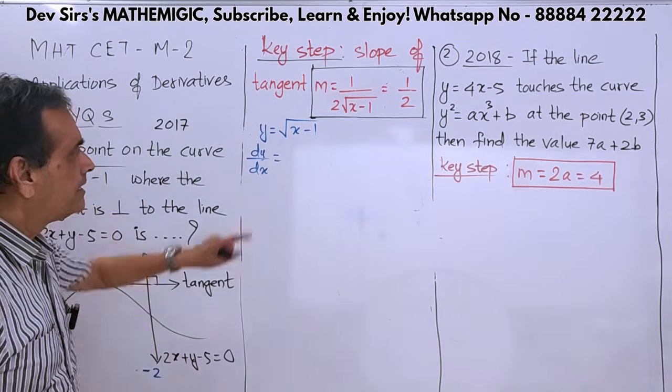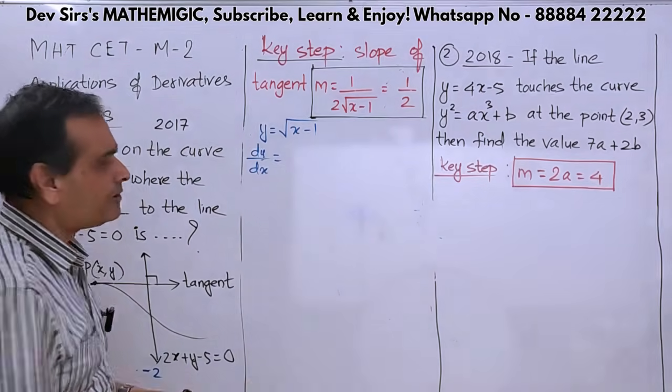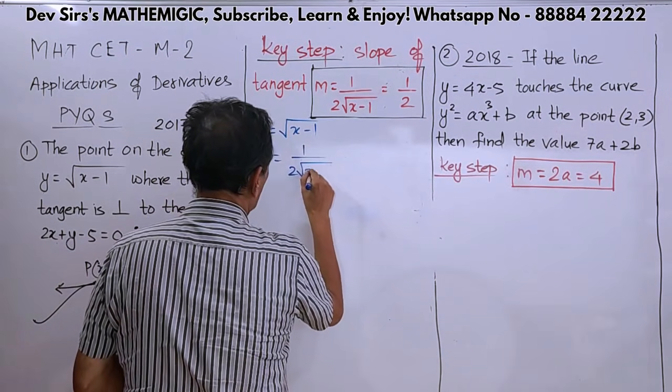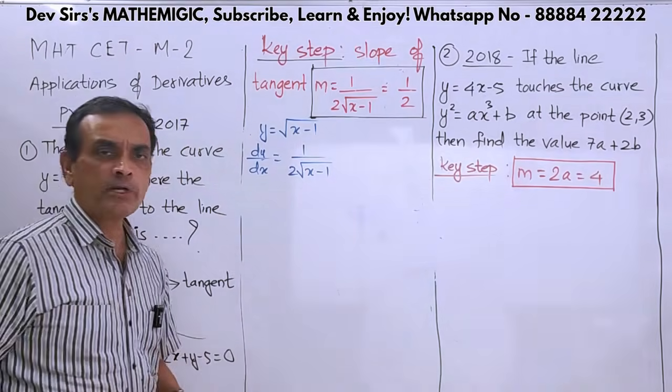dy by dx, डेरिवेटिव ऑफ रूट का फॉर्मूला मालूम है अपने को, 1 अपॉन 2 रूट एक्स.